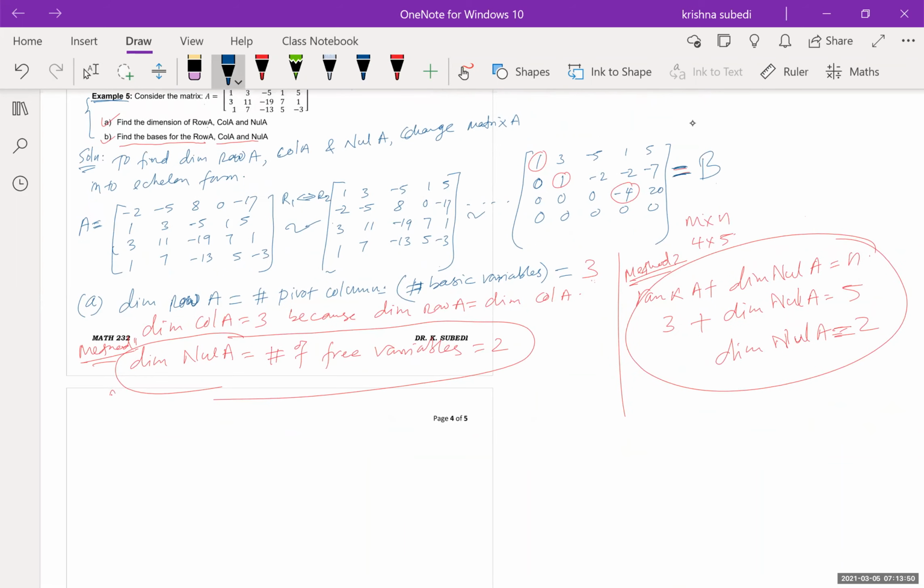Now in part B, find the basis for the row space. How do we find the basis of the row space?